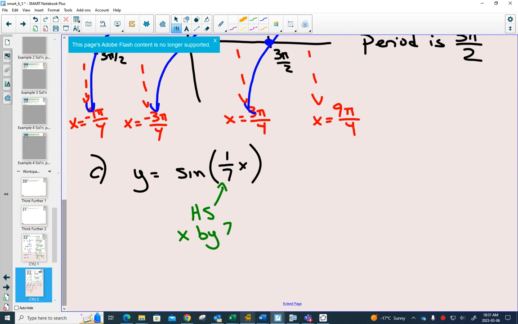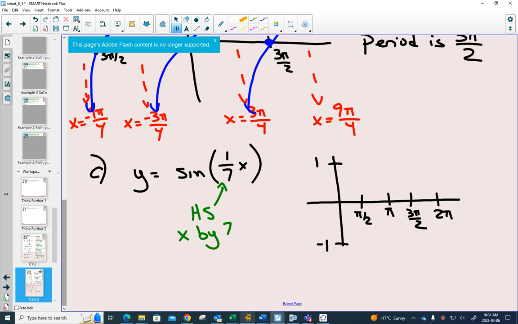Again, off to the side, you think of your normal sine graph. Your normal sine graph has a period of 2π. Label your axes family. 4 equal sections, a maximum of 1, minimum of -1. Sine graph starts in the middle going up. And again, each of these 4 sections goes from center line to maximum to center line to minimum to center line. Here we have our sine graph.